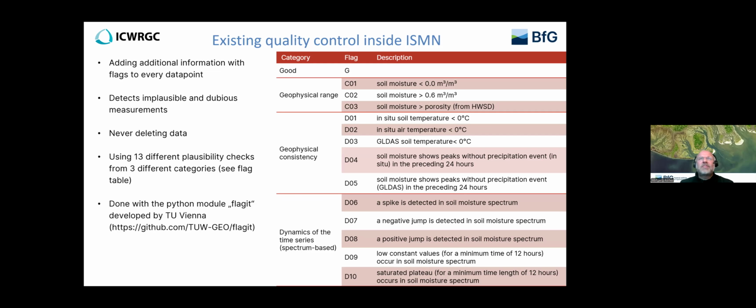We have the categories geophysical range, geophysical consistency, and dynamics of the time series. So these are spectrum-based approaches, and all this is done with the Python module called FlagIt that is developed by the TU Vienna, and this can be downloaded from GitHub.